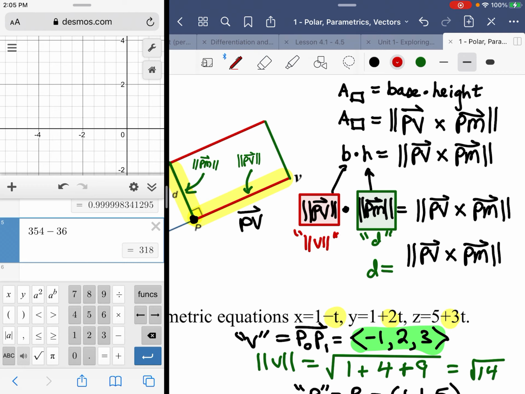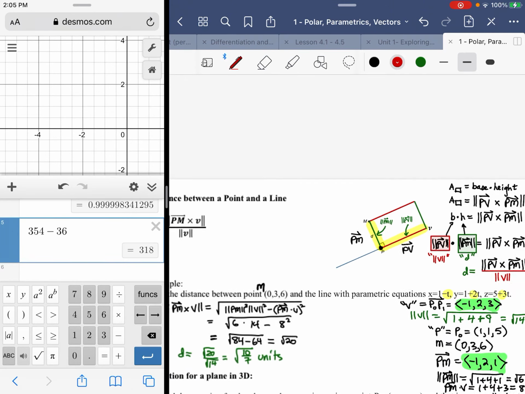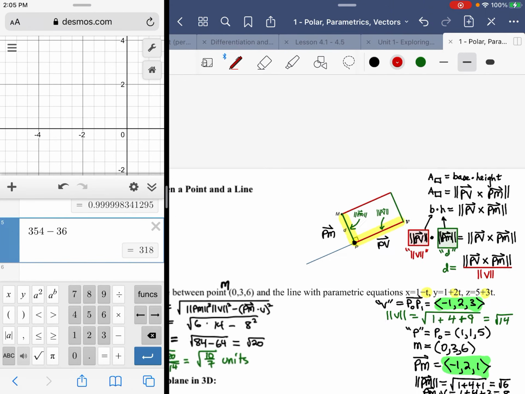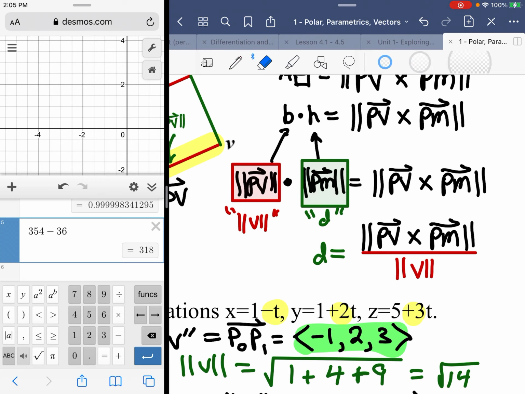Then I would be looking at a divisor of the magnitude of V. That would require me to swap out this guy too, so we would change the PM accordingly. This would also be replaced with a V, magnitude of V, so you can change that on the fly, but that's entirely up to you.